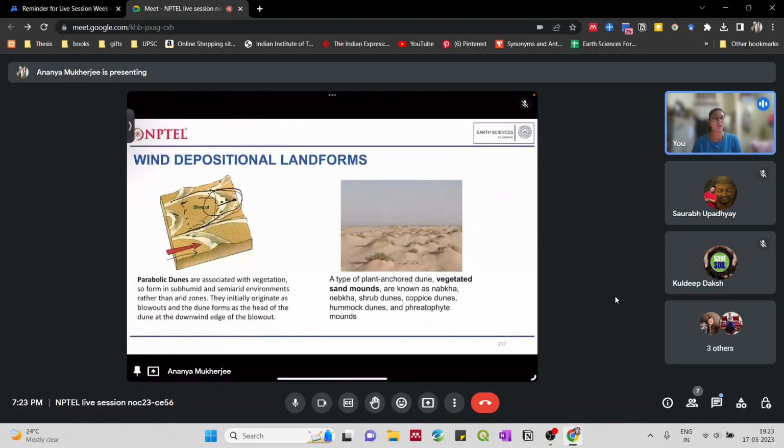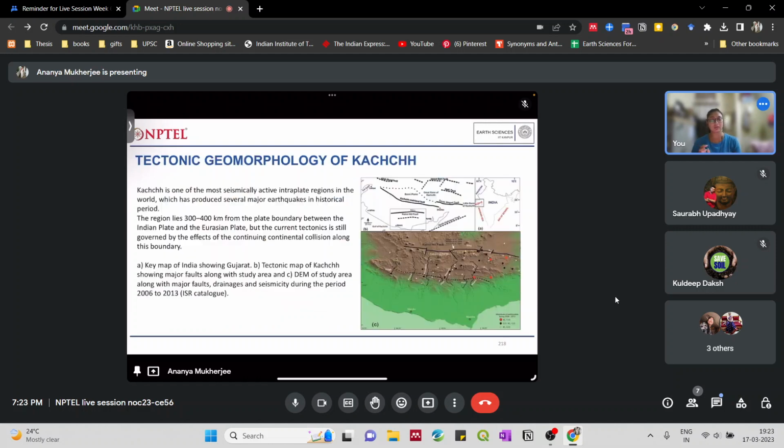As we said, aeolian processes can carry a lot of sand and dump it at a place, and it can bury large areas. One of the places where we see the influence of this, as well as the interaction of tectonism, is in the Kutch area.